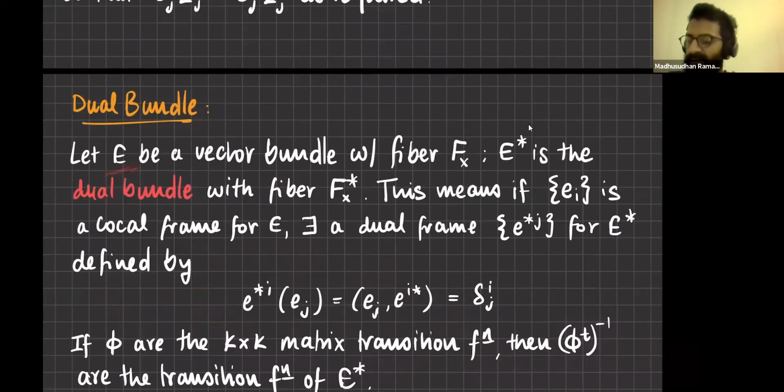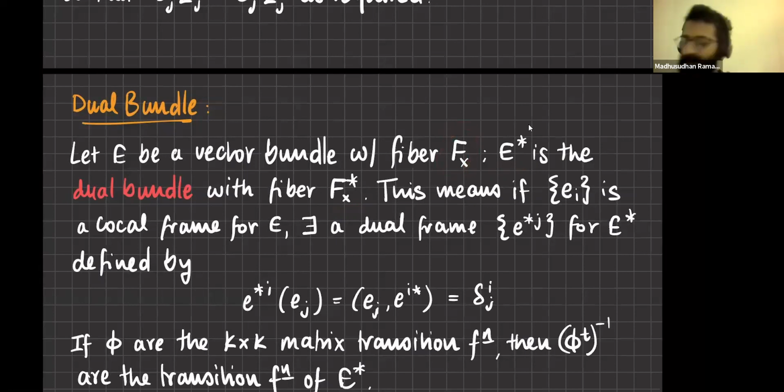Let's say you have a vector bundle E with fiber F at some point x. Then E star, the dual bundle, just has the fiber F dual at x. So you associate to each point x on the same base space the dual vector space of F.